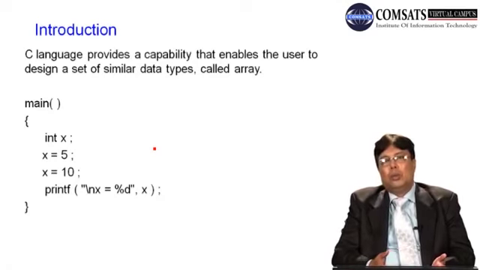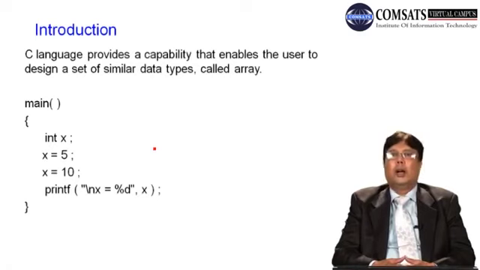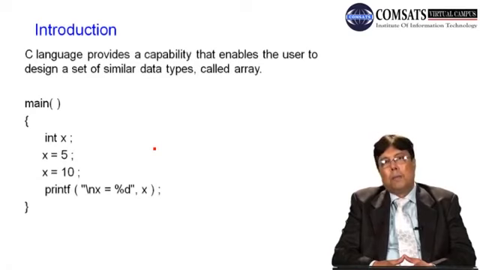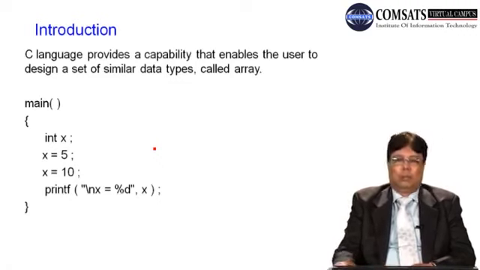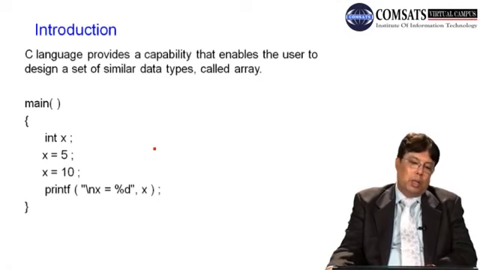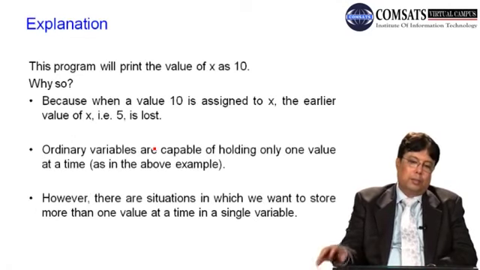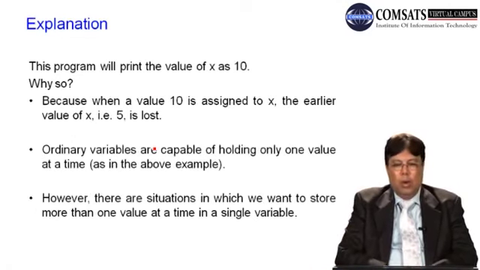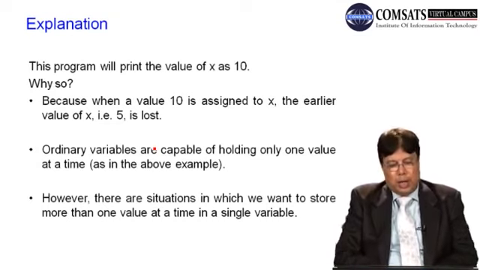So what should it do? या तो refuse कर दे कि I already have 5, I am not going to accommodate 10, but this it cannot do. So it obeys your instruction and puts the new value that overrides the previous value. Okay, this is very important to understand. So when we print, it will print 10.